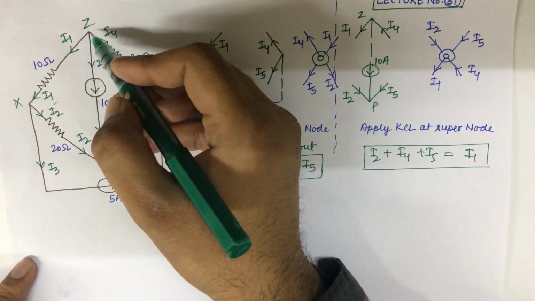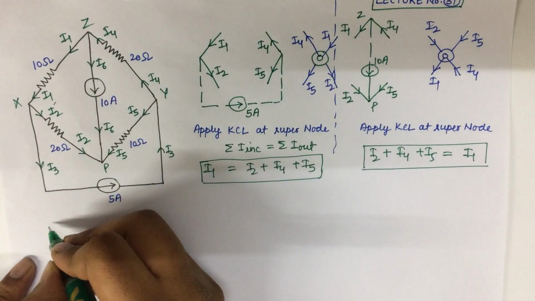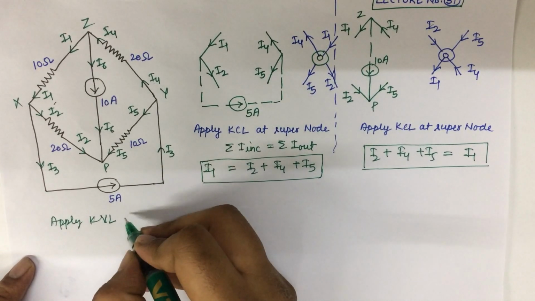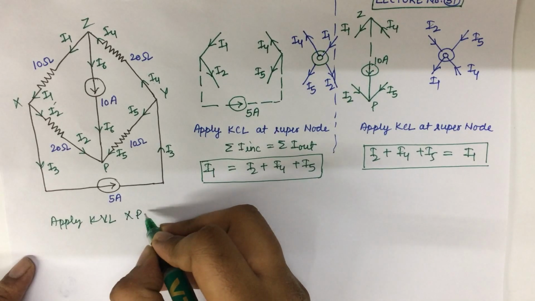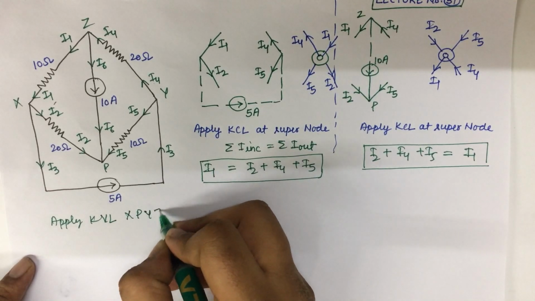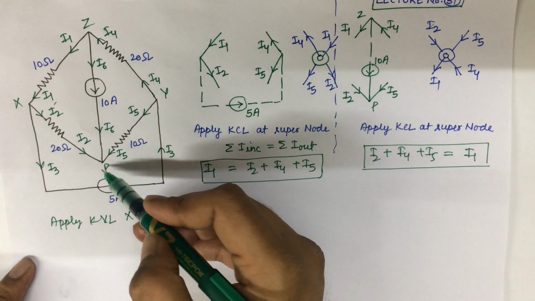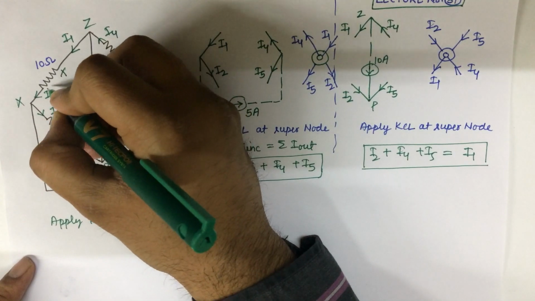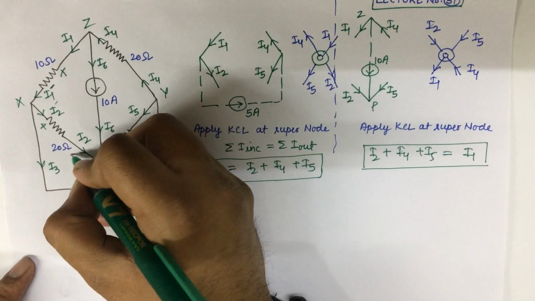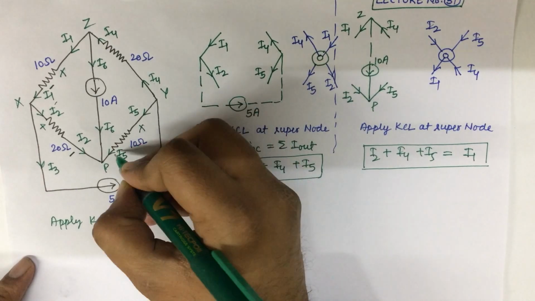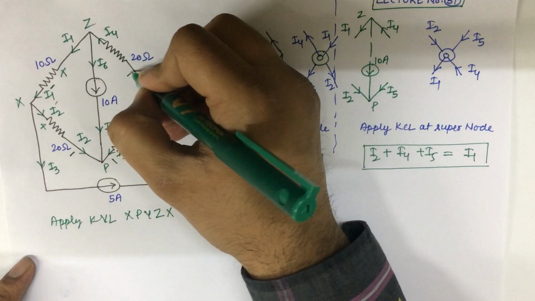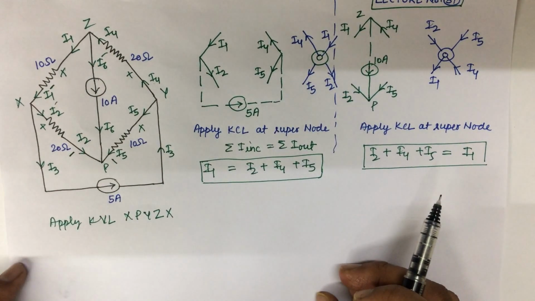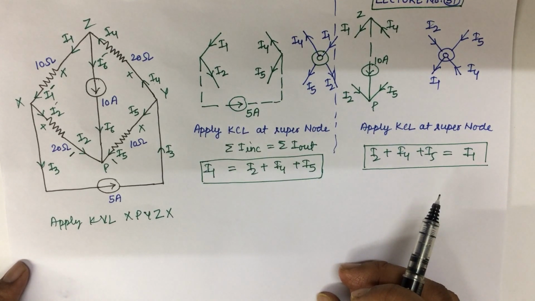Now we apply KVL in the loop X, P, Y, Z, and X. The current is flowing in this direction. This is positive, this is negative, and so on for each element; in this way we assume our polarity as per our previous convention.